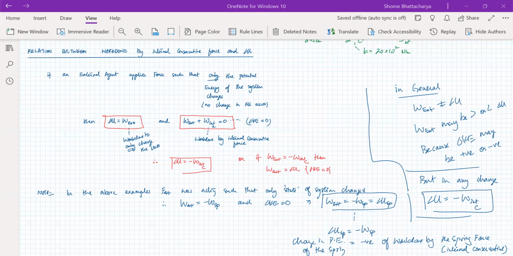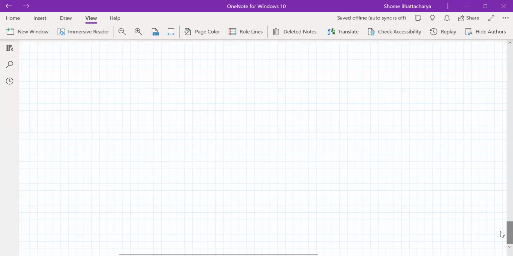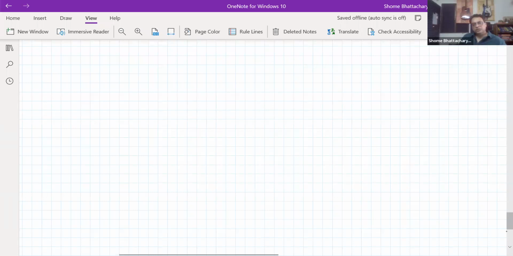Okay, so let's look at the application of this concept a little further now in what we'll develop as the work energy theorem as opposed to work kinetic energy relation that we've seen before. So next we will see the statement of work energy theorem.